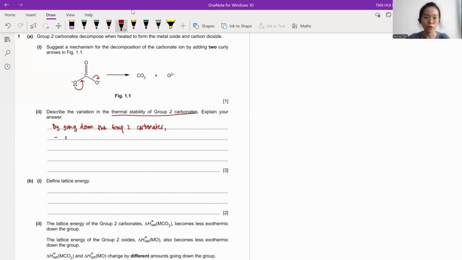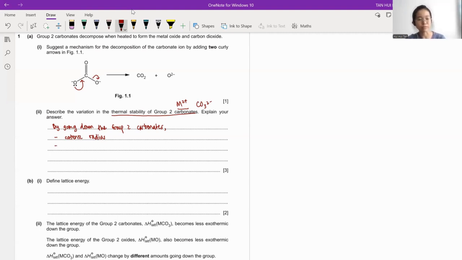First you need to talk about the cationic radius. Please be specific and use the term cationic instead of ionic or atomic, because atomic is wrong. In carbonates, you are involving cations and anions, the group 2 cation and the CO3 2 minus. So it's wrong to use atomic because you're involving ions only.